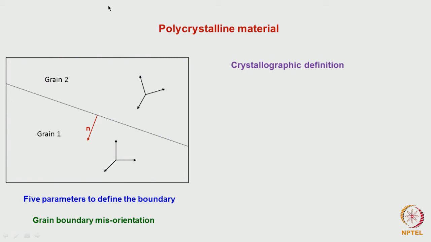The way in which we can do it is that from this orientation to reach this orientation, around different axes, we may have to give some rotations, correct? So essentially 3 parameters are required to rotate this axis so that we can reach here. That is how from this grain orientation we can reach this grain orientation.